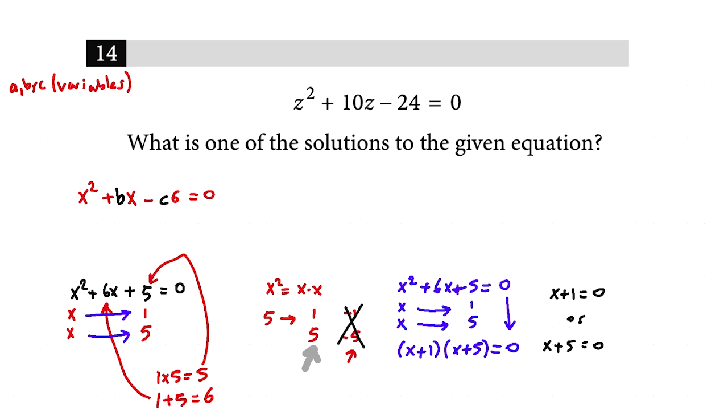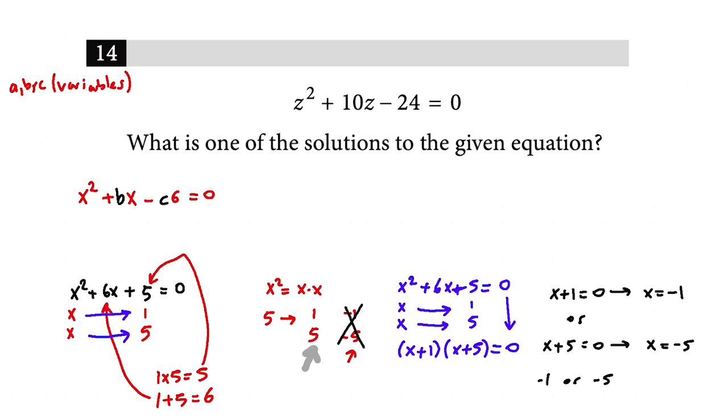From here, x is equal to negative 1. From here, x is equal to negative 5. For this question, we find two possible answers, negative 1 or negative 5. Both of them are correct answers, so you can use either one.